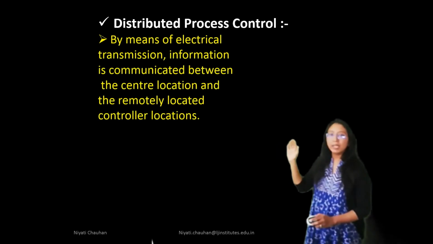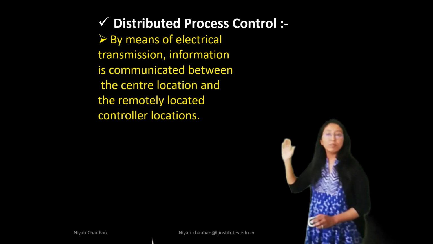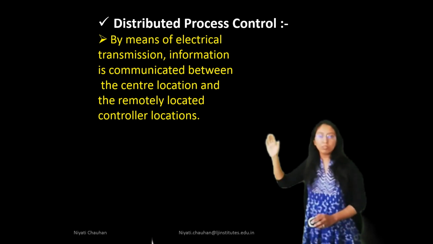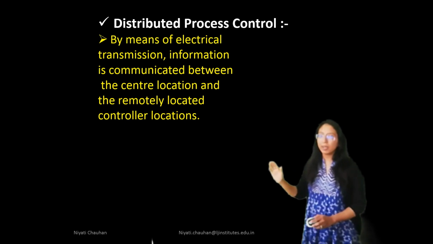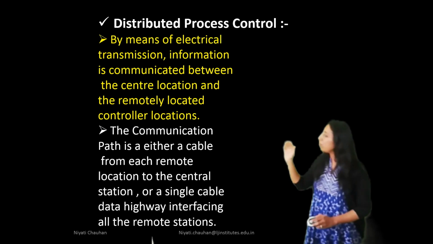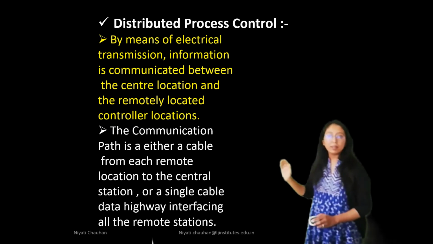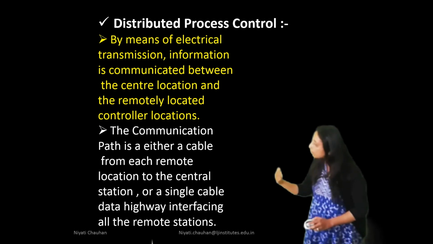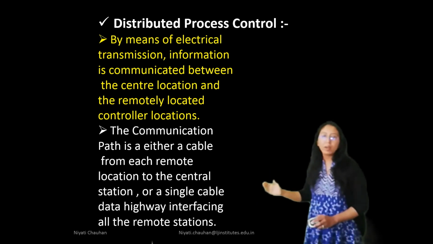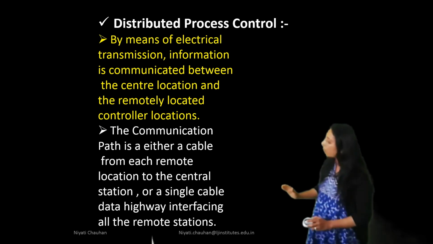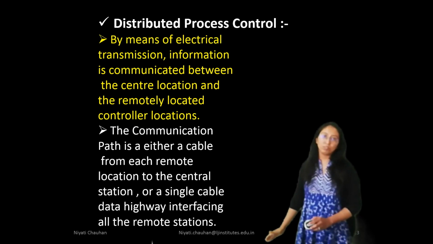By means of electrical transmission, information is communicated between the central location and the remotely located controller locations. The communication path is either a cable from each remote location to the central station or a single cable data highway interfacing all the remote stations.